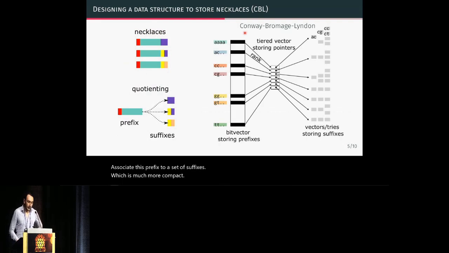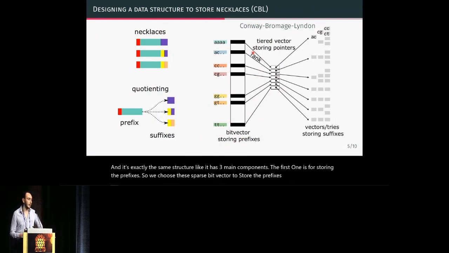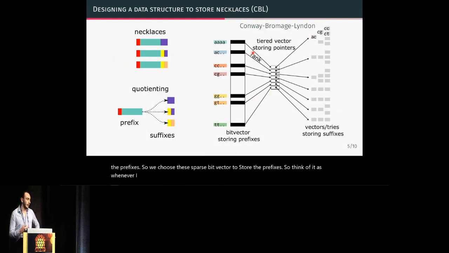So if we look at the actual data structure that we designed, it's called Conway-Bromage-Lyndon, or CBL, and it has 3 main components. The first one is for storing the prefixes. It uses a sparse bit vector to store the prefixes. So think of it as whenever I have a new prefix, I add a 1 in this bit vector.